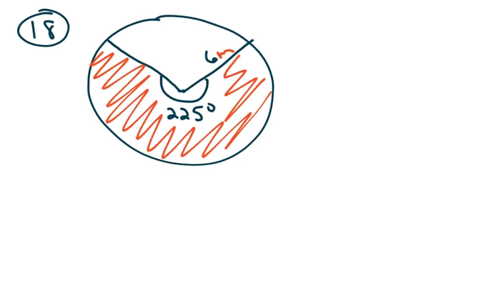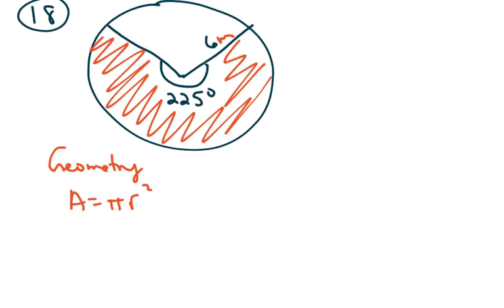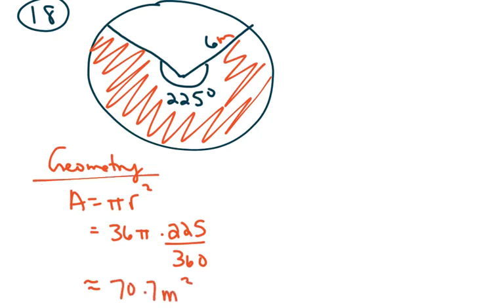So if you know the formula for the area of a circle, which is pi times radius squared, the radius is 6, so 6 squared is 36 pi. You would multiply this by 225 over 360, and it would tell you what the area of the sector was, which is approximately 70.7 square meters.